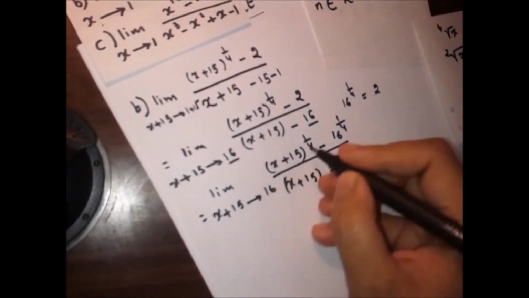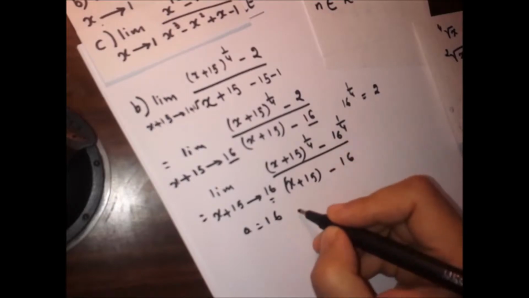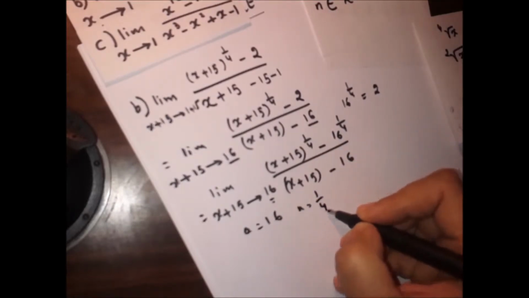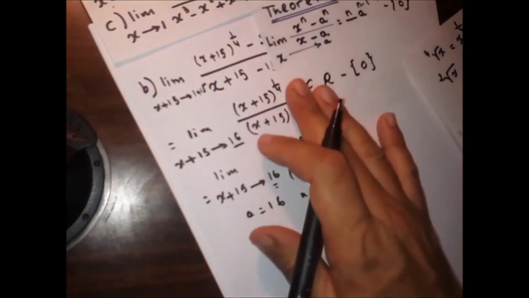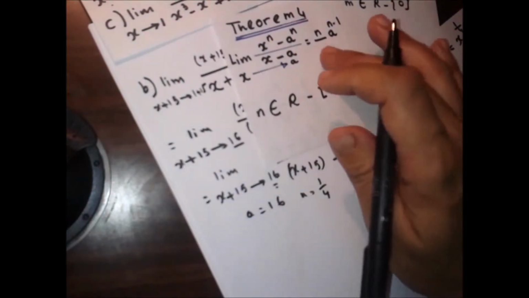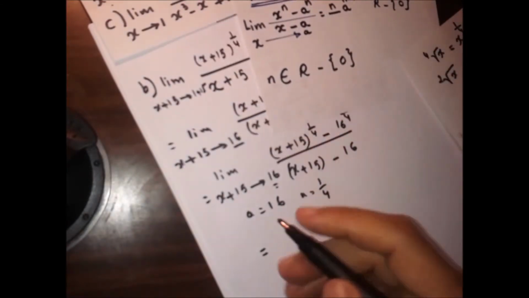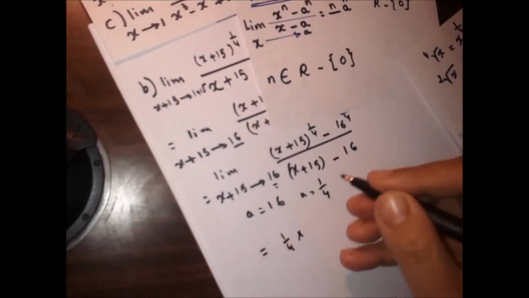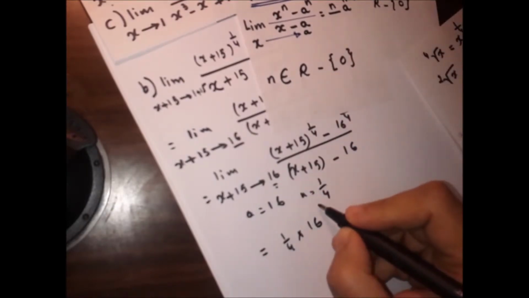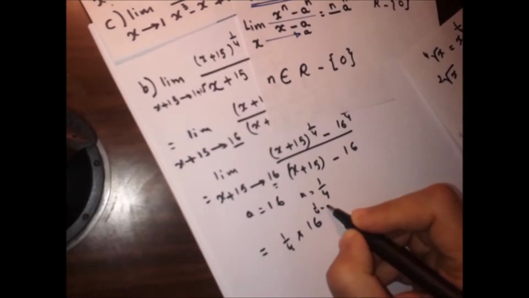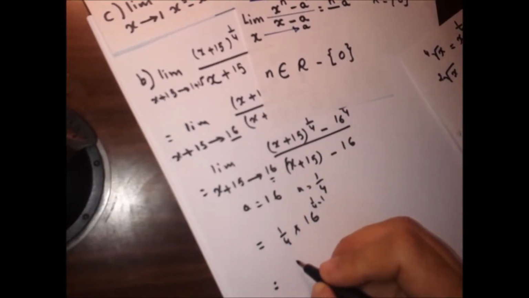Now a is 16, n, the power of the numerator, is 1 over 4, and down there the power is 1, so we will use the theorem. By the theorem, the limit is equal to n, which is 1 over 4, times a, which is 16, to the power n minus 1, or 1 over 4 minus 1, which is negative 3 over 4.